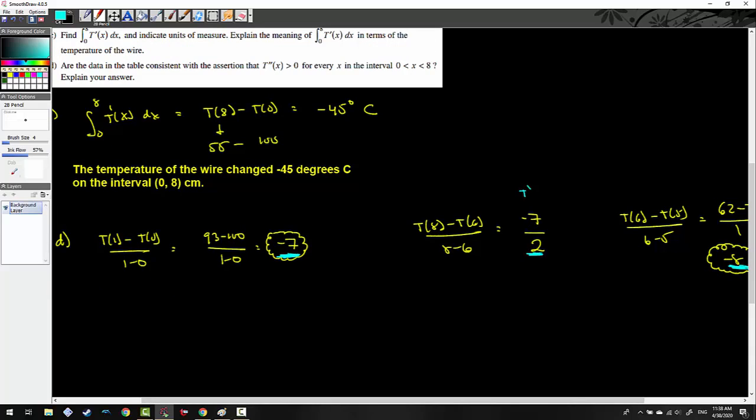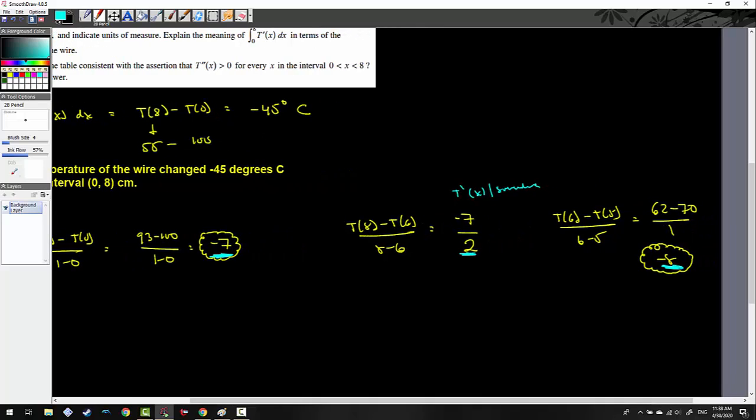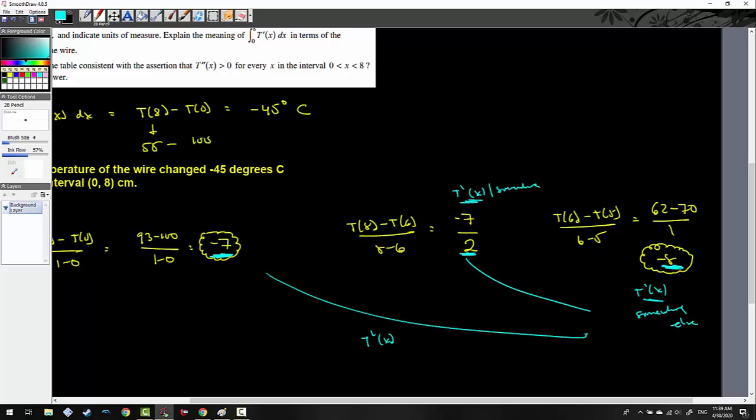Remember, this is T prime of x somewhere on 6 to 8, right? This is T prime of x somewhere else. And based on this information here, or even based on this information here, I can say that T prime of x decreases because the number actually gets smaller from one point to the next.